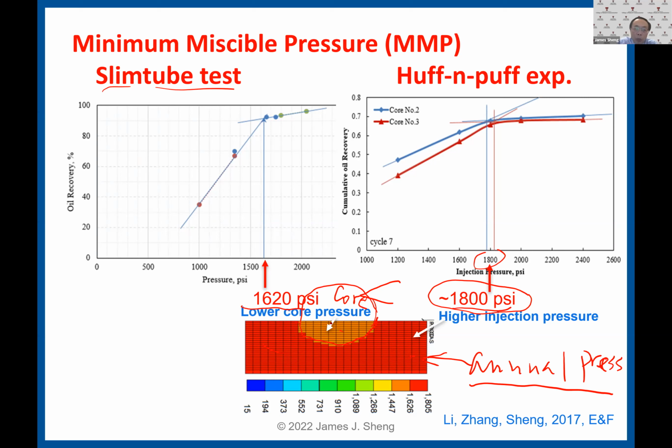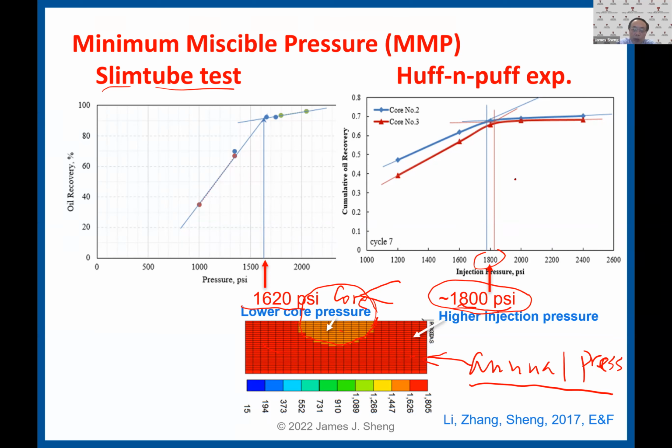When we talk about MMP, we talk about the gas pressure in contact with the oil. So the actual contact pressure is lower than the pressure in the annulus. That's why, with half a puff in shale and tight rocks, the MMP will be high.